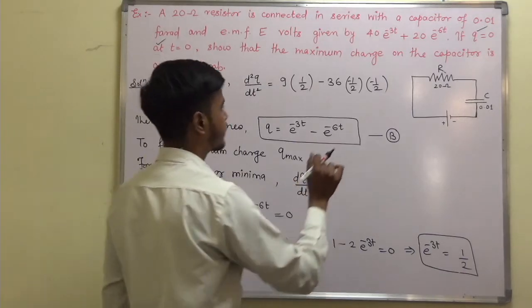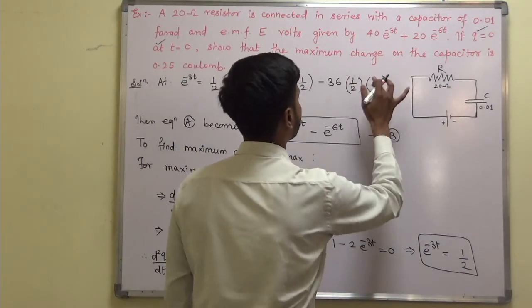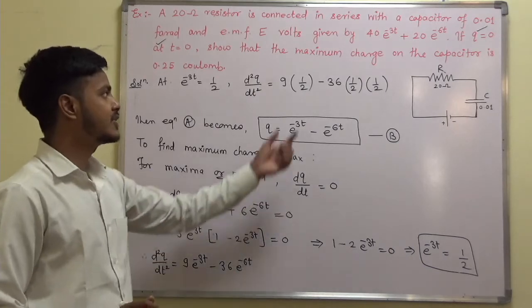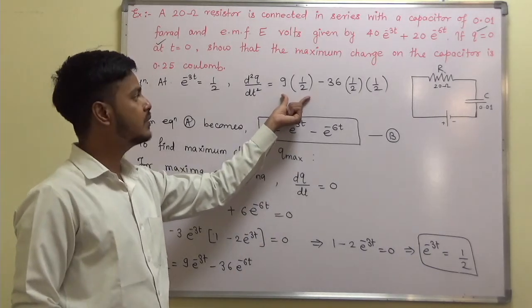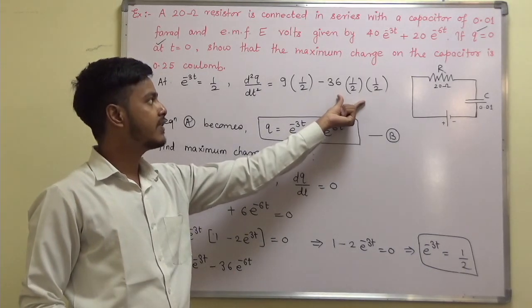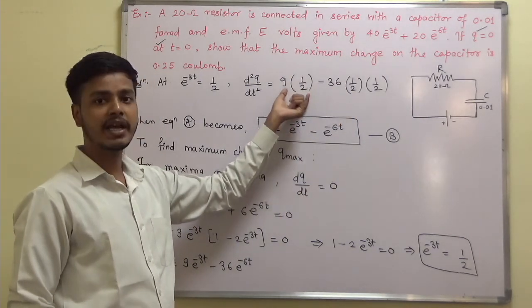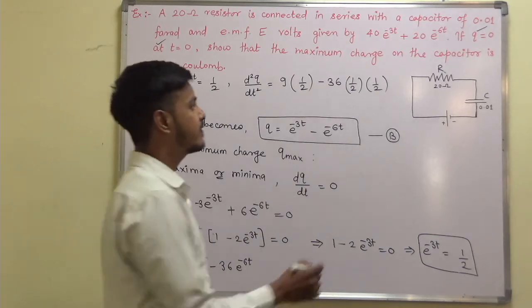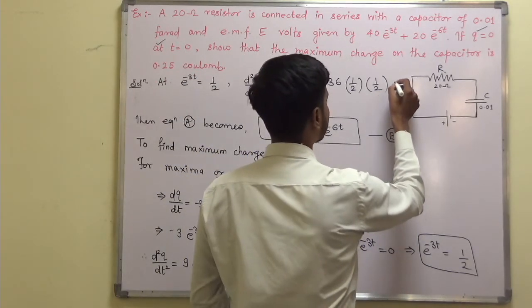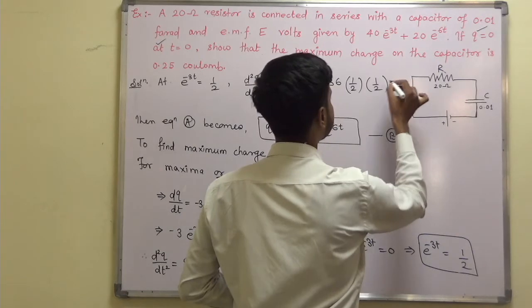So as you can see, this is 9 by 2 and this is 36 by 4, which is 9. So 4.5 minus 9 is minus 4.5. So this value comes out to be less than 0.